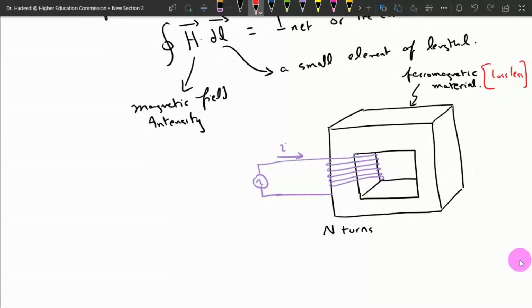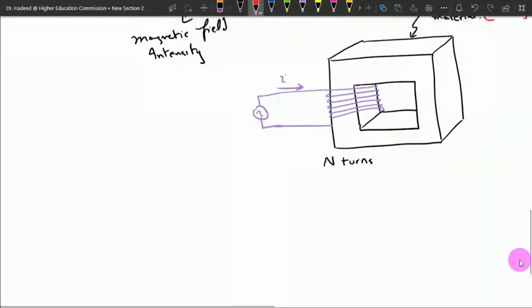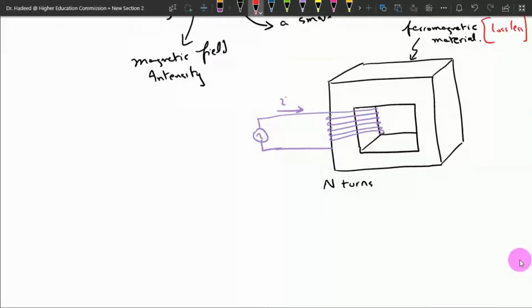Which means that the field is not leaked or lost in this core. And whenever we have this current flowing here, there is a flux produced in this core. Let us say this is phi.